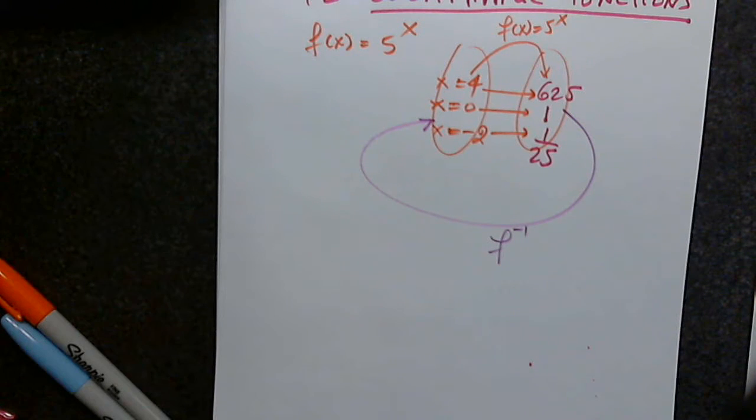Exactly. When I apply the inverse function to 625, I get 4, because otherwise it's not the inverse function. And when I apply the inverse function to 1/25, I should get negative 2. Otherwise, you will say no, what you are showing us doesn't make any sense, right? Okay, good.